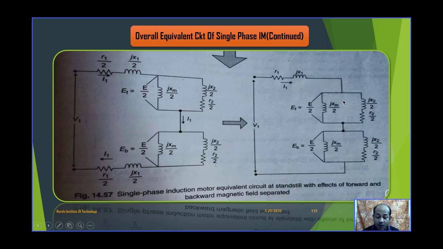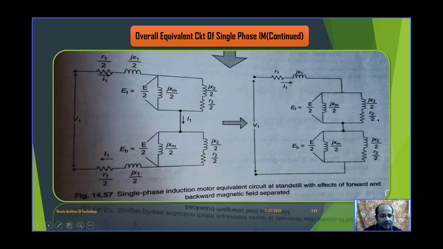One thing we have to keep in mind: in the forward field the slip is S, in the backward field the slip is 2 minus S, and as we have seen in the development of the equivalent circuit of the three-phase induction motor, the resistance part is represented as variable, being the electrical equivalent of the mechanical power developed. So here also it becomes variable, with the slip incorporated in running condition, and that is what we have done.